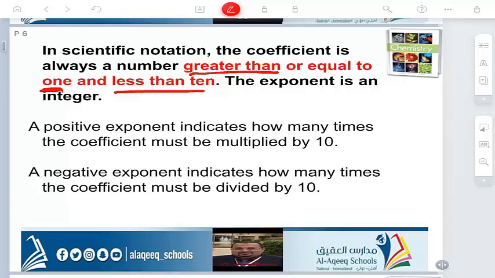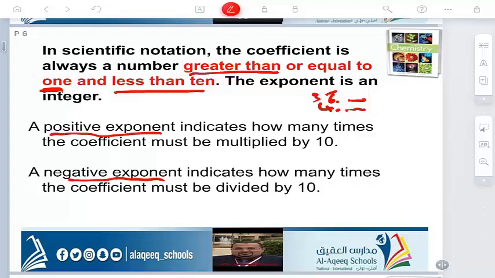It must be the number 3, 6, 4, whatever, point something, and so on. Sometimes the exponent is positive, sometimes it's negative. The exponent, 10 to the power of something negative or 10 to the power of something positive.